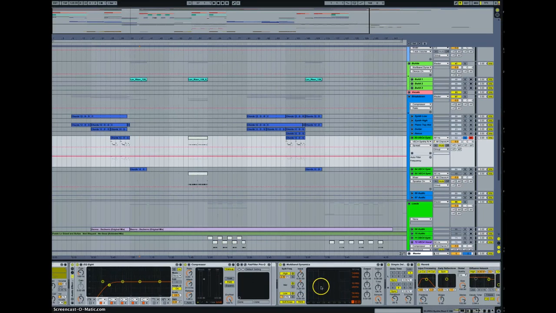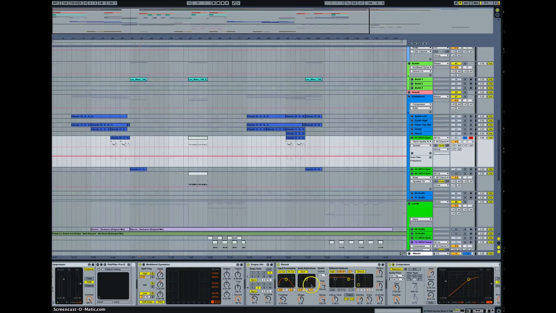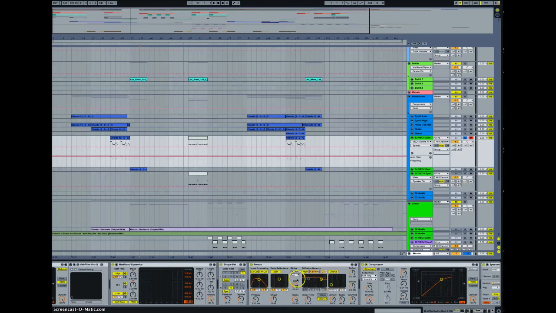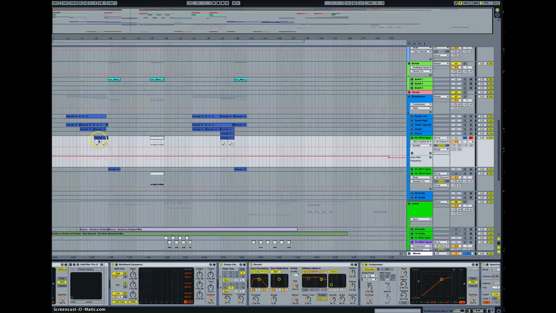Oh yeah, compressor, multiband, dynamics, fatten that up, reverb. Reverb is really key with these sounds if you want that big roomy sound. We're doing a song with the Twins, I think it's the Twins, yeah.